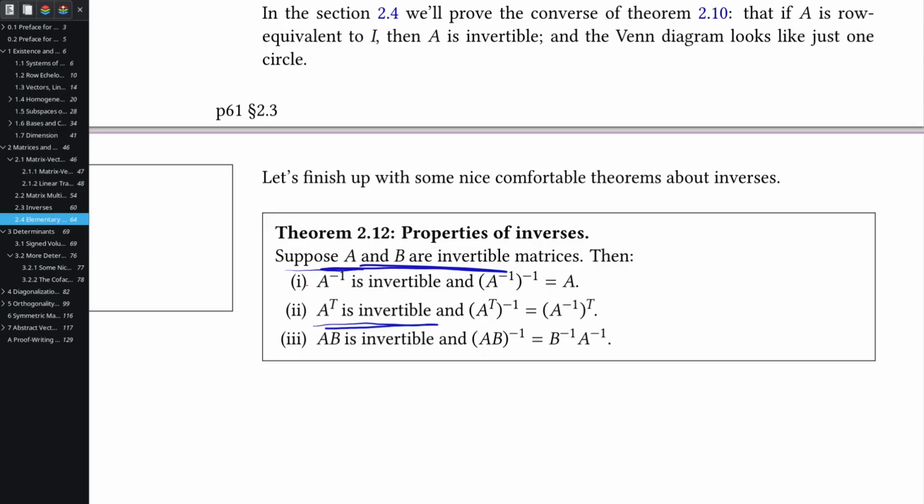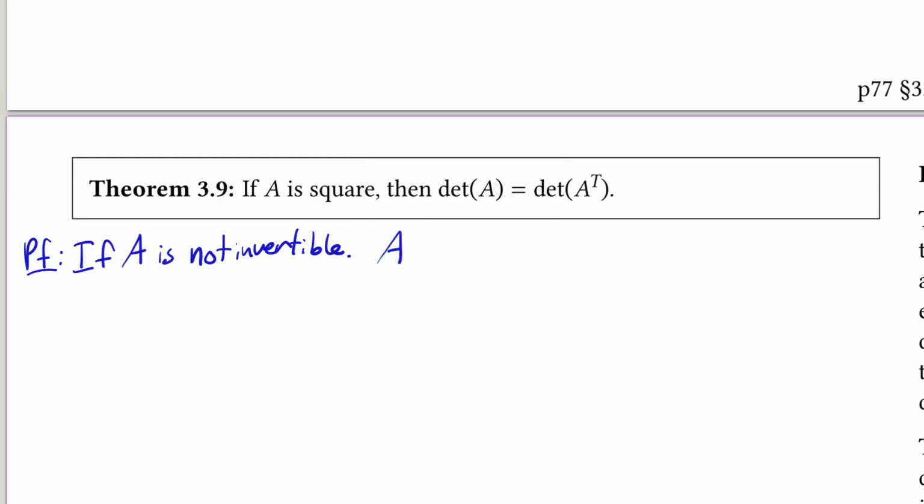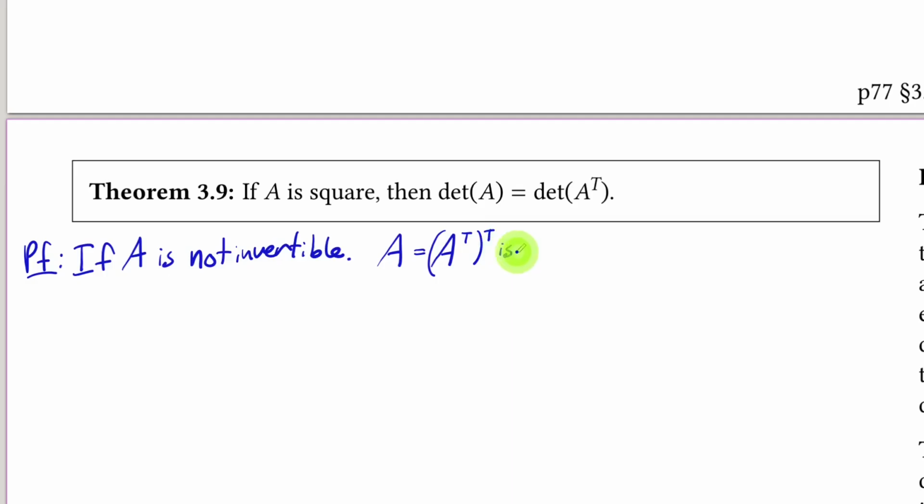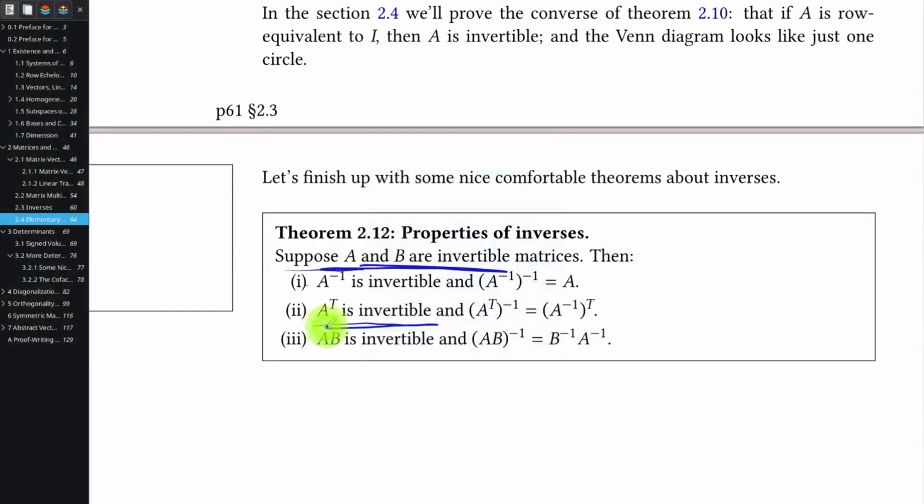So the trick is that A is equal to A transpose transpose, right? Turn the rows into columns and then turn those columns back into rows again, and you get A. And if this is not invertible, that means that the conclusion of this theorem is false.